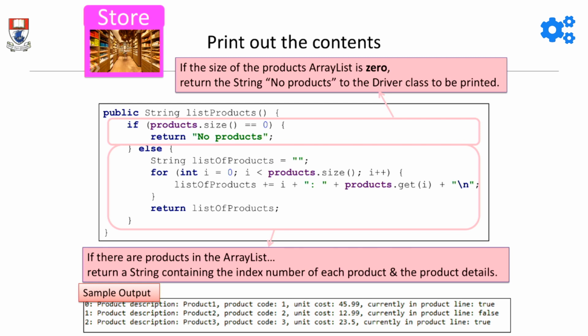Okay. So the important bit here is that we're using the array list collection, and we already saw the last day that there are size methods and get methods, and we're using those now inside our own code. We're writing the method list products, and we're using those 2 methods in order to be able to get at all the data.